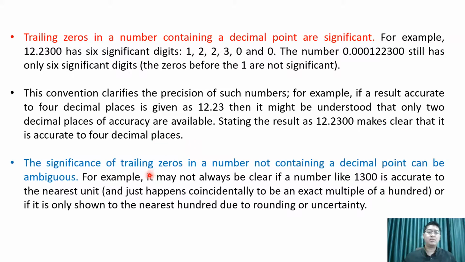The significance of trailing zeros in a number not containing a decimal point can be ambiguous. For example, it may not always be clear if a number like 1300 is accurate to the nearest unit and just happens coincidentally to be an exact multiple of 100, or if it is only shown to the nearest 100 due to the rounding or uncertainty.